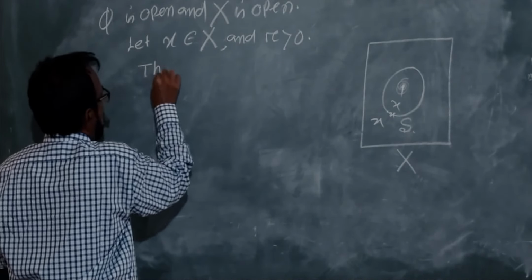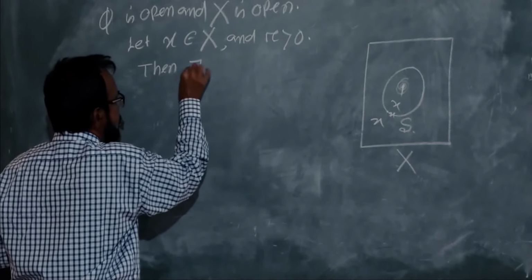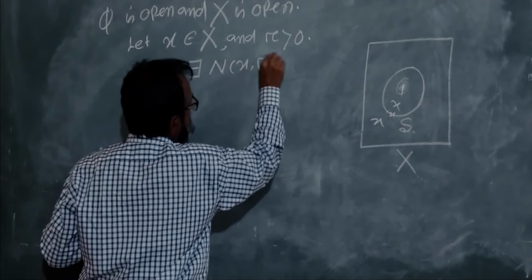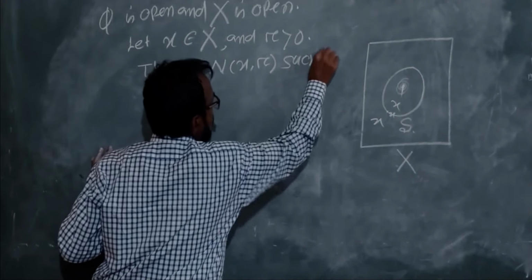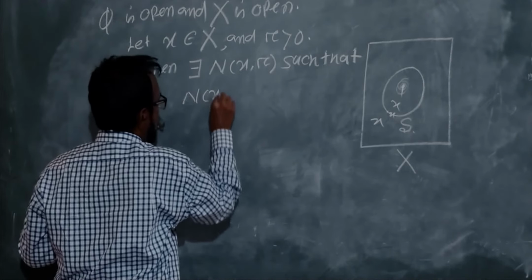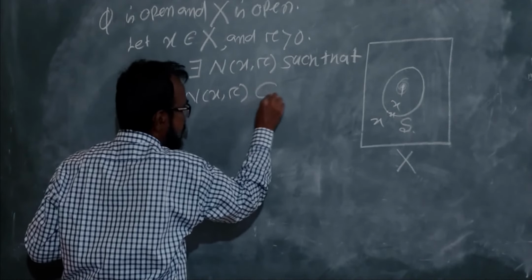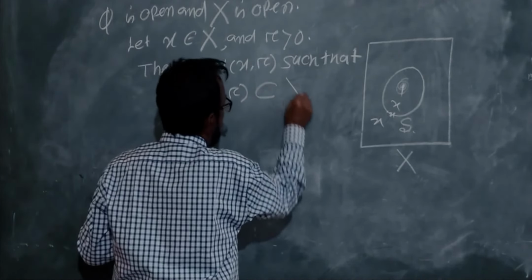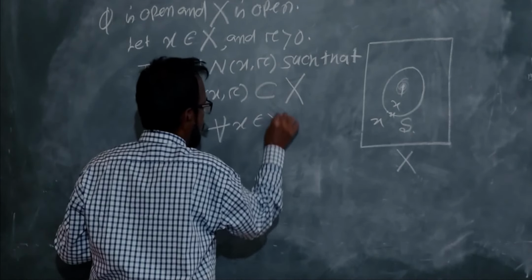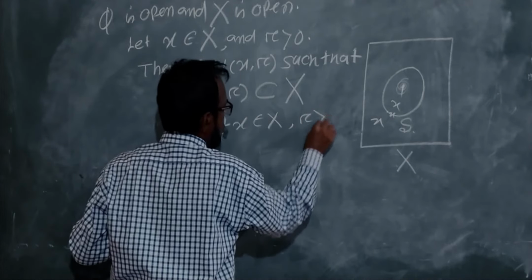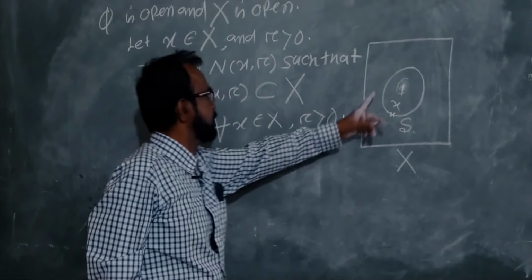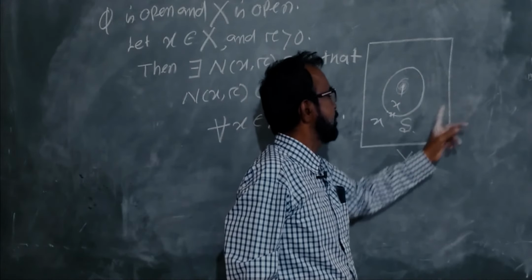Then there must exist a neighborhood N(x, r) such that N(x, r) is a subset of X for all x belonging to X and r greater than 0. That means each point of X is an interior point.